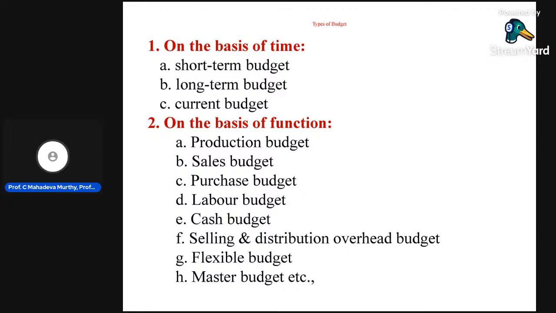Then on the base of functions, the production department. You have seen the production department in organizations. That production department has to budget properly the available raw material, and how to utilize that raw material, FIFO method or LIFO method, when how many employees are required, what the wages of the employees are, what categories of employees are needed, mid-level, top-level, or lower-level management, and what the cost of that is.